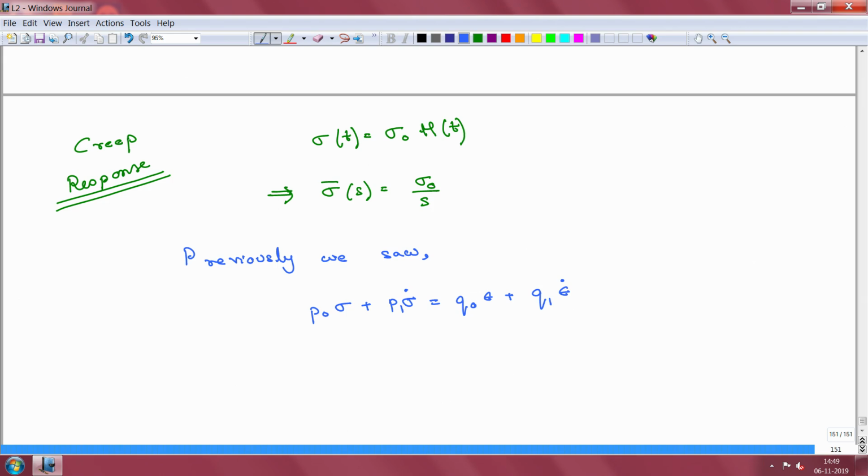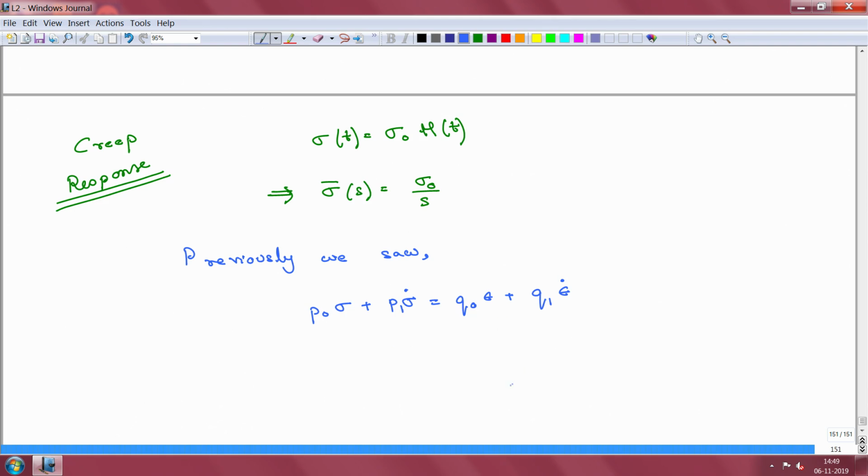There is one more thing I want to point out, that there are 4 coefficients here in the ordinary differential equation, but your original model only has 3 constants, E1, E and eta. So, the 4 coefficients here are not independent. There are actually in reality only 3 coefficients, and the 4th one is a dependent one.